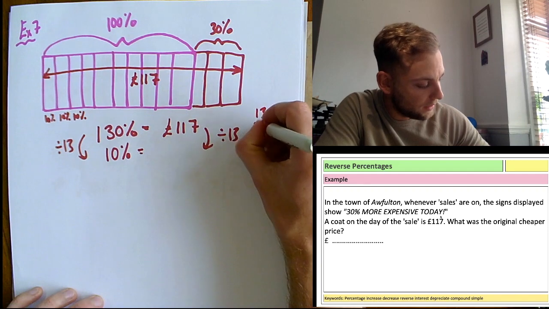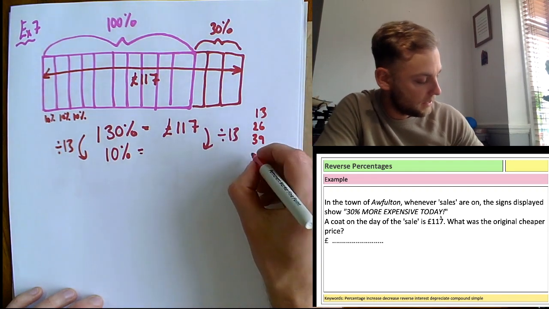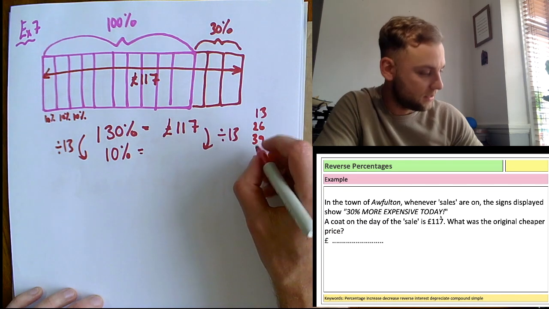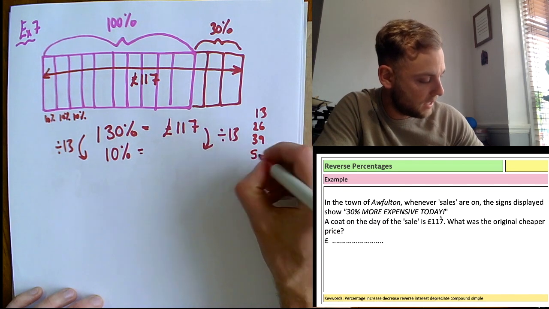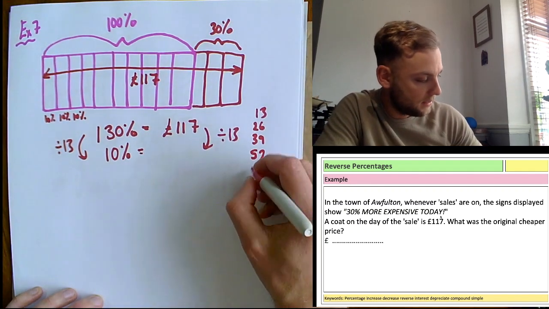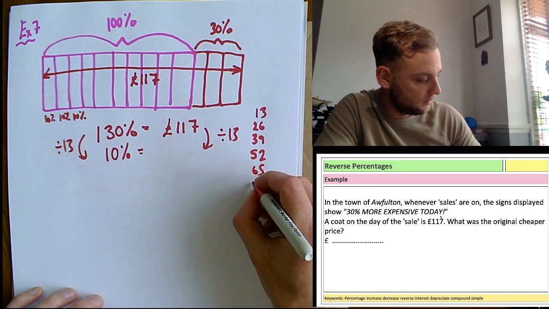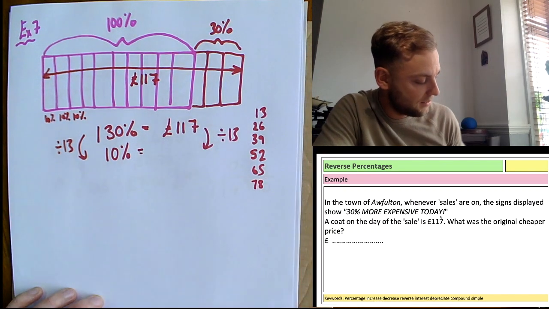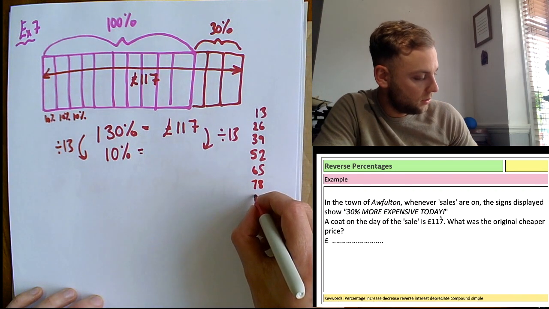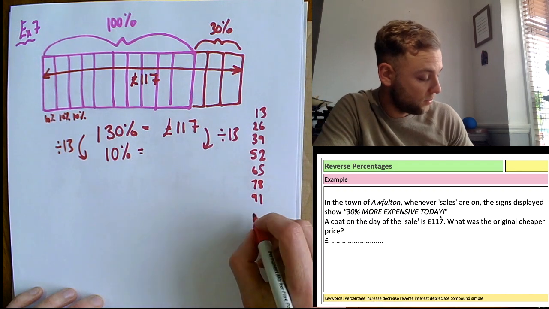13, 26, 39, and then it's going to be 13 plus that is 52, and then 65, and then 78, 91. Now this is tough. This is really tough, the 13 times table.